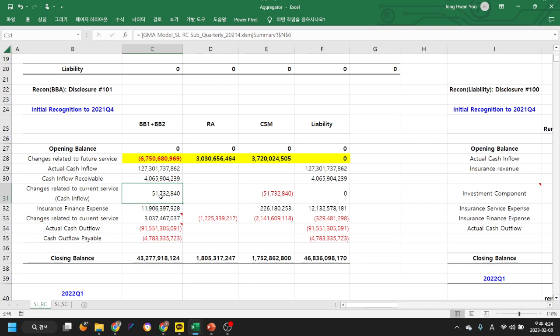But the premium side, this experience adjustment goes into here, and we subtract this one out of the CSM, and we come up with the insurance finance expense.